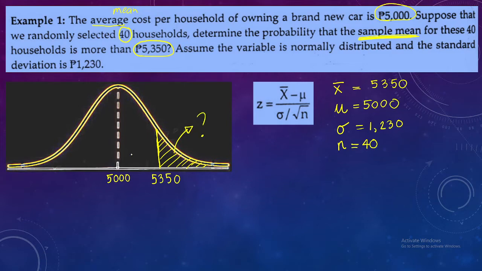But before we can solve that, we need to solve this area. That's area 1. So take note, I will be solving area 1. To solve that, I need, of course, our z. So let's compute the z first using this formula over here. So our z is equal to, what is the sample mean in our given? 5,350. 5,350 minus the population mean. How much is the population mean?